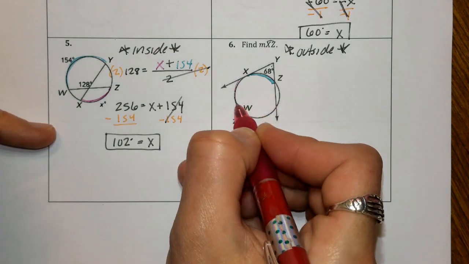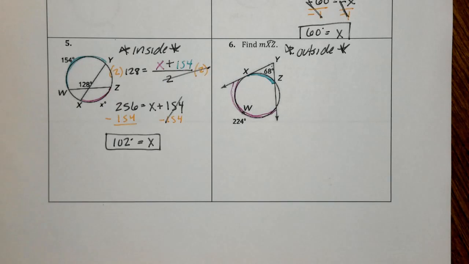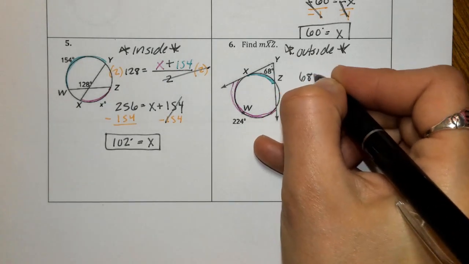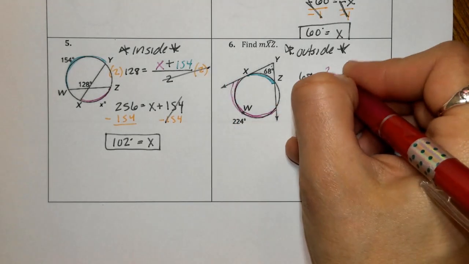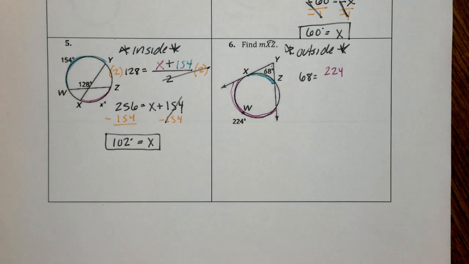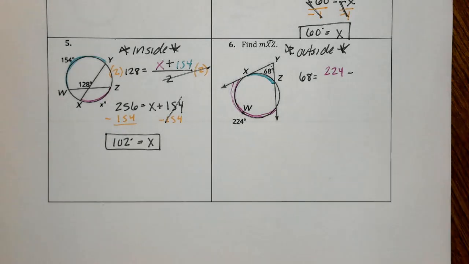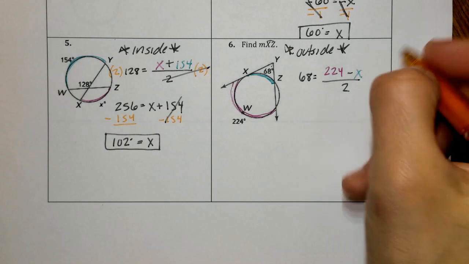We'll go ahead and notice this is the bigger arc over here. So our angle measurement of 68 degrees will be equal to the bigger arc, 224, minus the smaller arc of our missing, we'll put an X, over 2. Exact same steps as number 4.